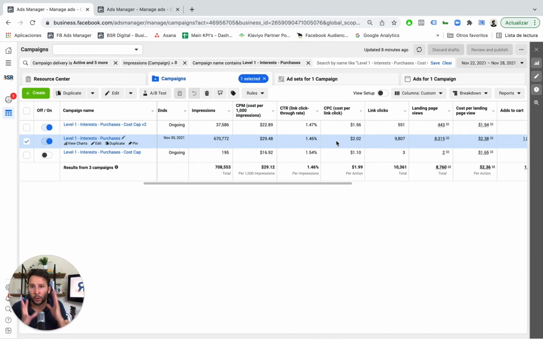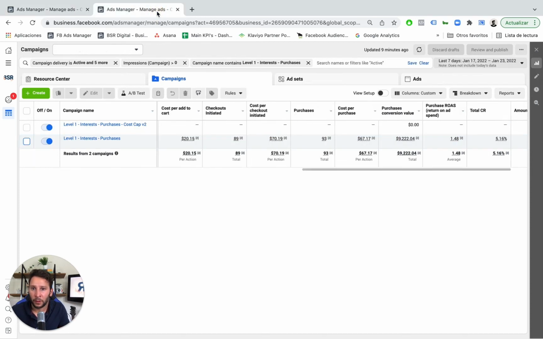Sometimes those will be compensated because you could get a higher CPM, but a higher CTR as well. So that will compensate, right? But if you get the perfect storm combination, which is a higher CPM and a lower CTR, then you'll get a higher CPC. So here the CPM was 29 and the CTR was 1.46.